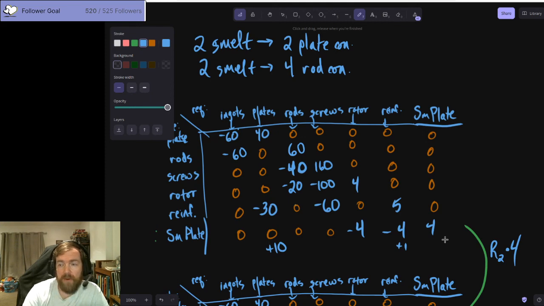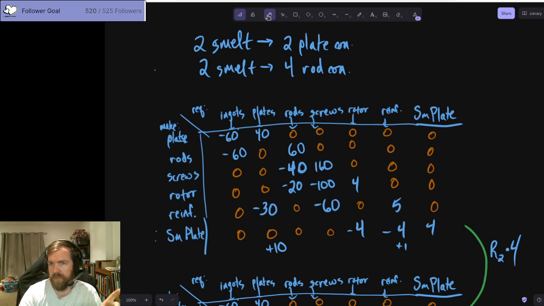So working backwards, if we want 4 smart plates a minute, actually working from the middle, we said we can create 4 rotors a minute and 5 reinforced plates a minute, which is enough to create 4 smart plates a minute. This is going to end up having 2 assemblers for smart plates exclusively.